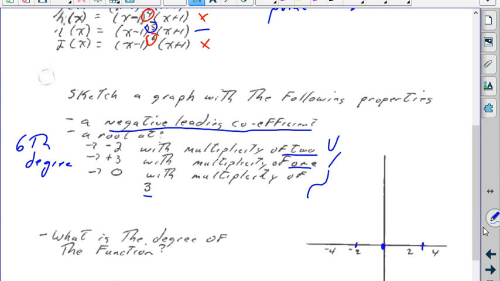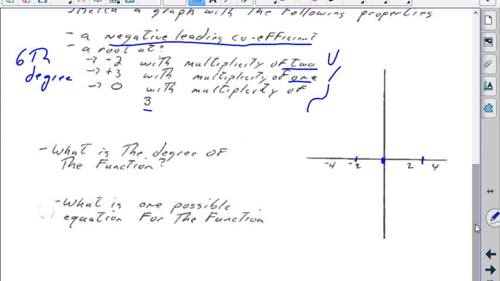That means it either opens like this or opens like this. We have a negative leading coefficient, so it's going to open down. We already answered this. This is the 6th degree. So it's going to start down here and down here.